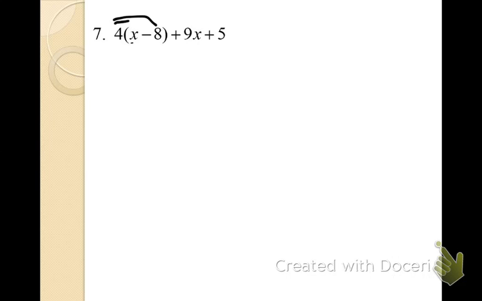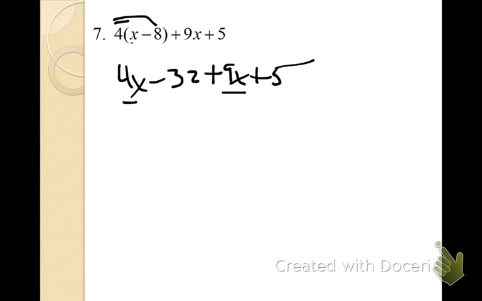So we multiply and we distribute. 4 times x is 4x. 4 times negative 8 is negative 32. And then we're going to add 9x plus 5. And now we got our like terms here and here, here and here. So 4x and 9x is 13x. Negative 32 plus a 5 is negative 27. And so there we are with our like terms.